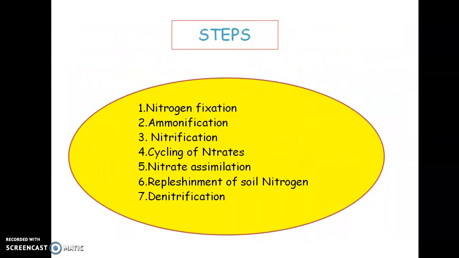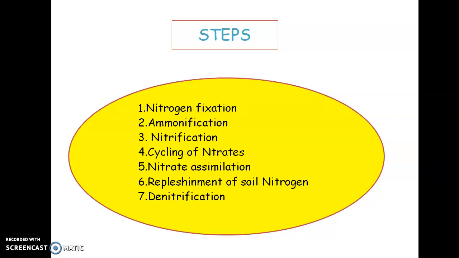Then we can summarize these stages into the following steps. The first step is nitrogen fixation, second is ammonification, third is nitrification, then cycling of nitrates, then nitrate assimilation, replenishment of soil nitrogen, and the denitrification. So these are the 7 different stages generally found in a nitrogen cycle.